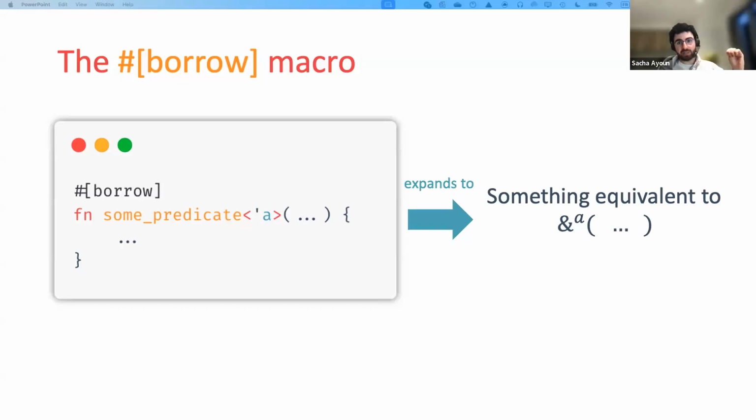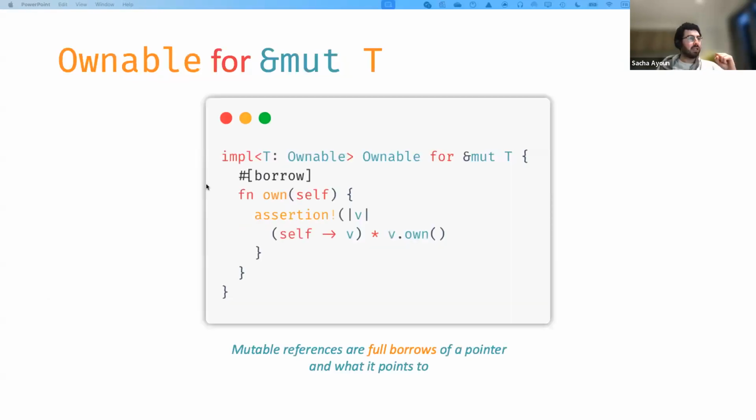And it expands to something that looks like a borrow, but I'm not going to go into details of what it does. And for example, a mutable reference is just like a box, but it's a borrow of a value, not the value itself.